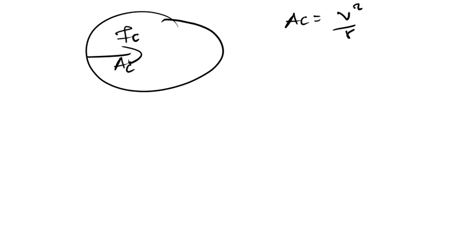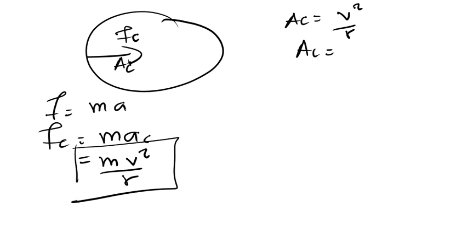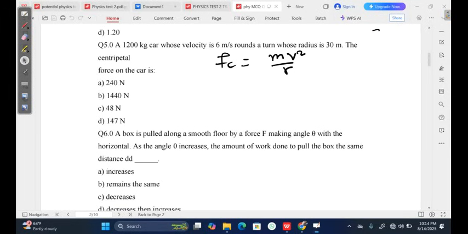Now the force is given by the mass times acceleration. So centripetal force is basically the mass times the centripetal acceleration, and this centripetal acceleration is v squared divided by r. So that's where the formula comes from. You didn't know, but now it's good that you know.